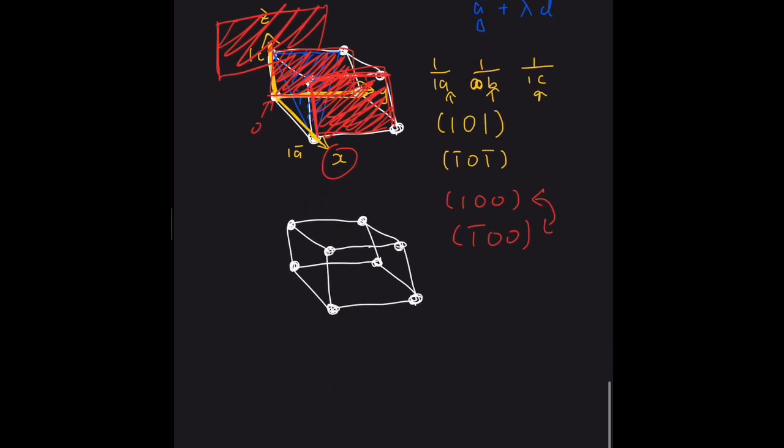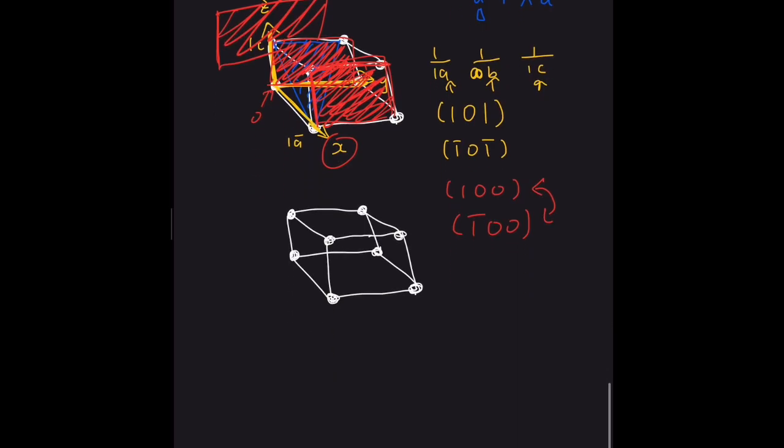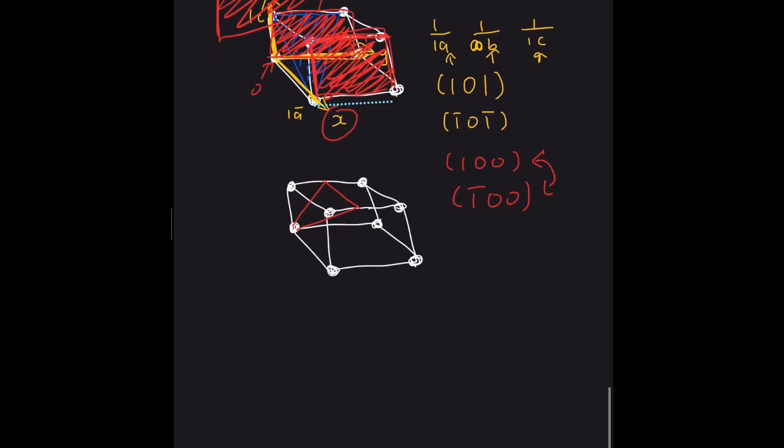Now, let's try another example. What if you have a plane like this? What is its Miller index? Oh yeah, by the way, this is called the Miller index.